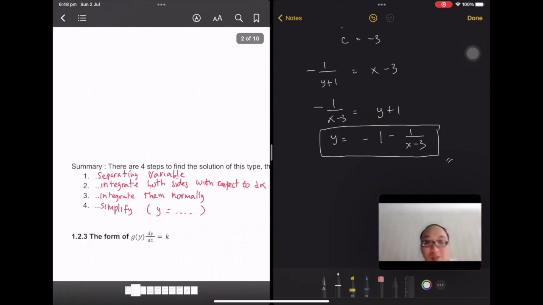And then we integrate both sides with respect to variable x. And then we use the conditions to find the constants. And the last step is simplifying the expressions. That's all.